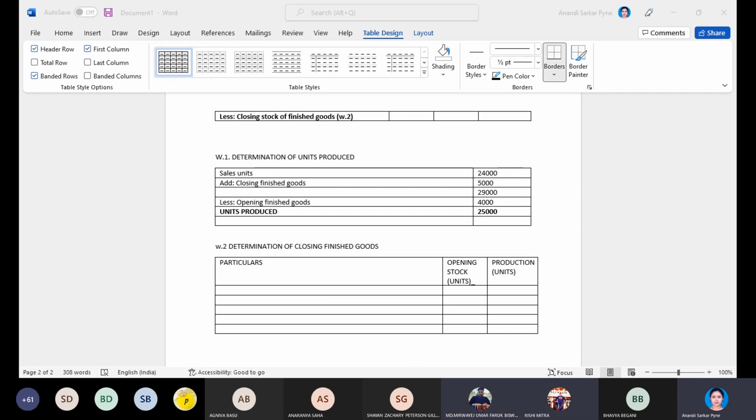Yes, as per the question it will be 4,000 units, and production will be 25,000. Along with it, we are deducting 24,000 as per the LIFO method.